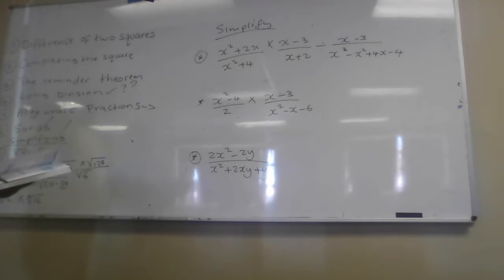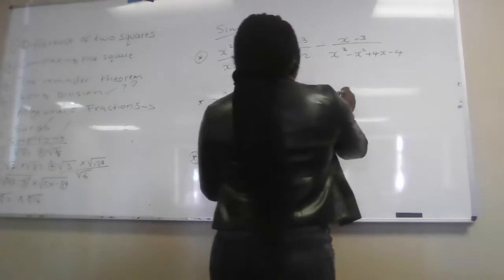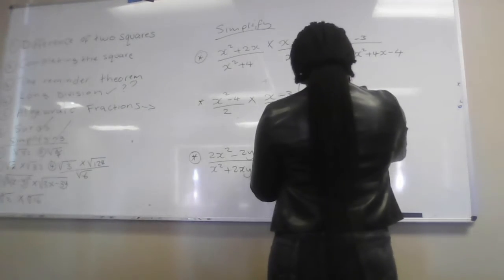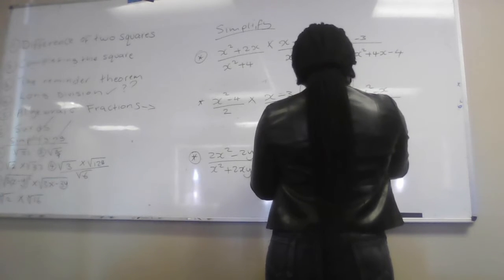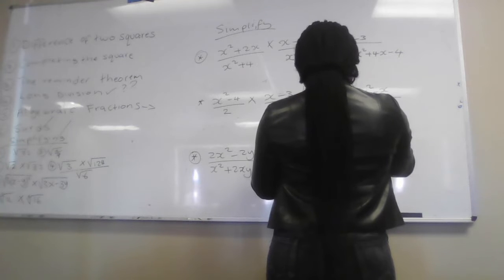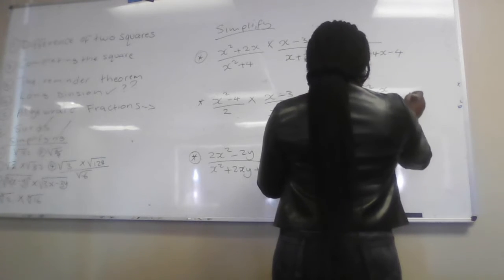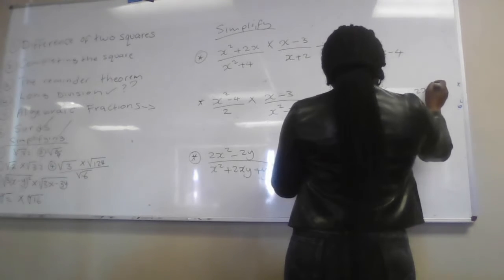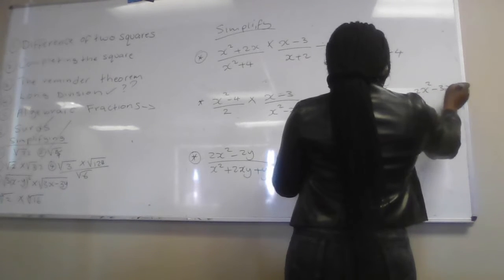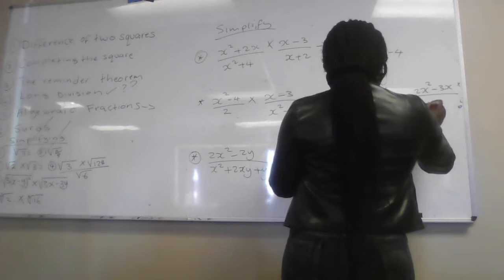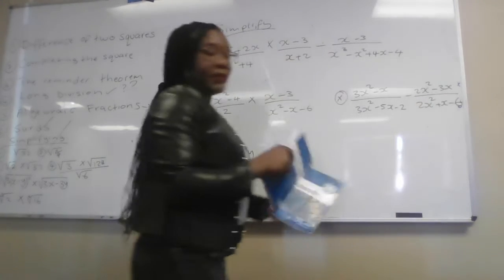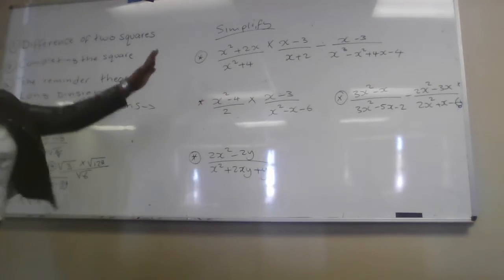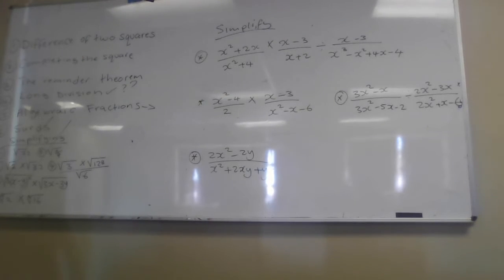Make it simple. There's a lot of things to learn in mathematics, you see. Plus x minus 6. What I meant when I said algebraic fractions is those things. They want you to simplify.